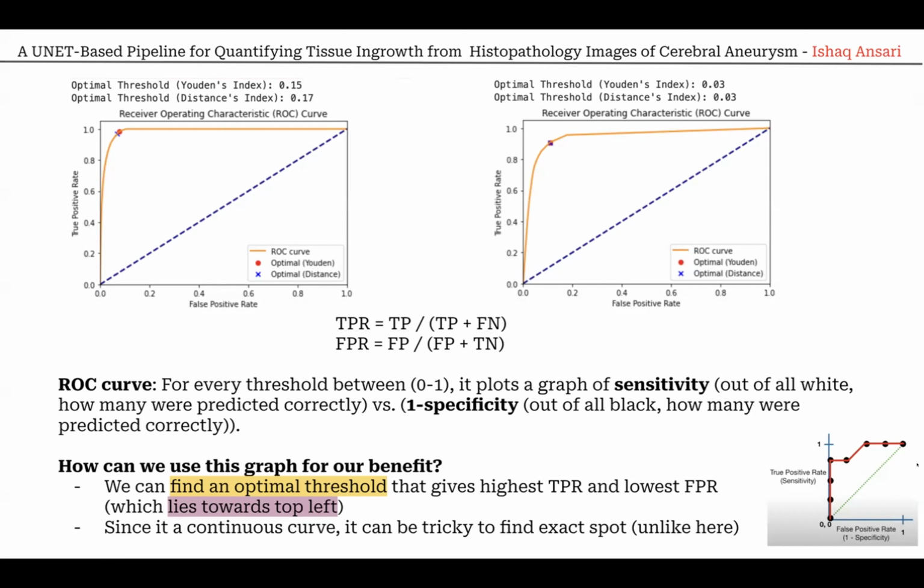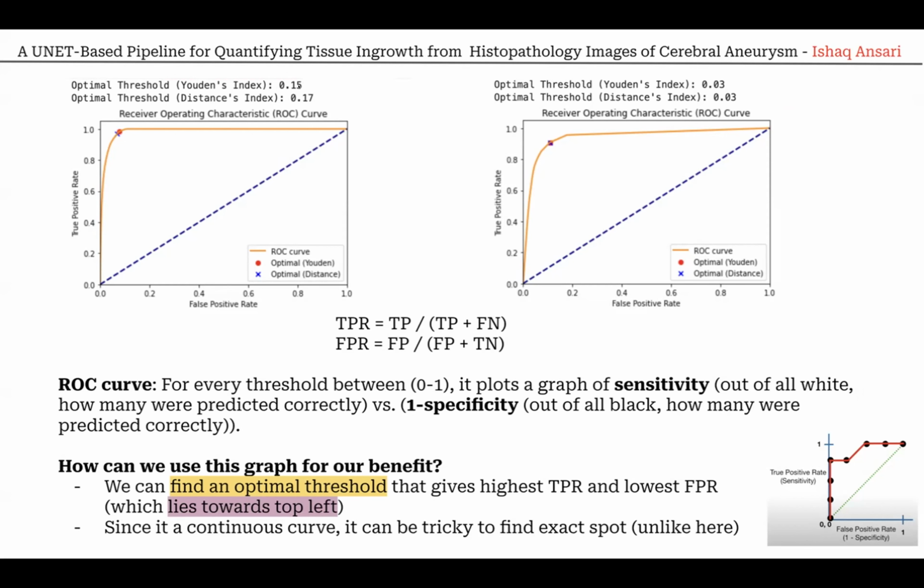If we have a graph like the one shown on the bottom right corner, we can easily say that this threshold is better than this, and this threshold is better than this. However, for a continuous curve, it can be a little tricky. So we used the Youden index to find the optimal threshold in this continuous curve, as well as the distance index.